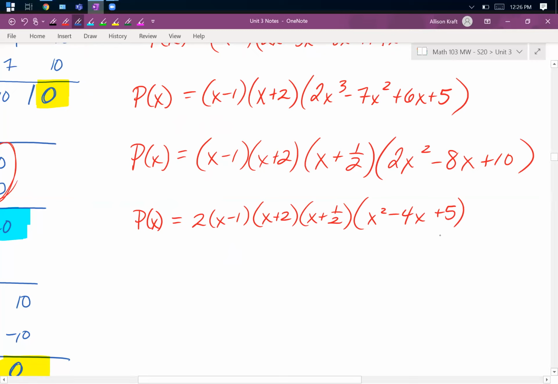So we are going to use quadratic formula to find the zeros. And then get the factors.